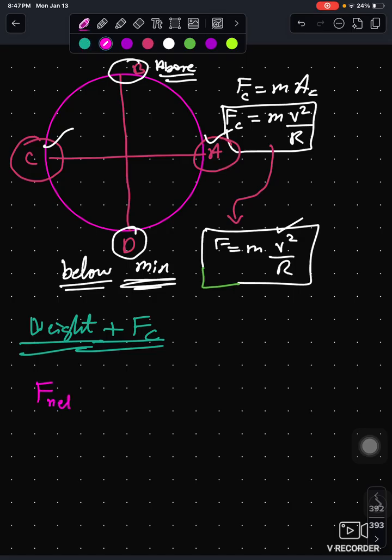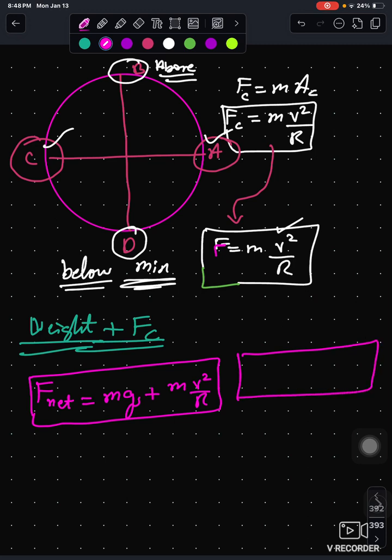F net is now mg plus mv square over r. This is one. The second one is F net equals mg minus mv square over r.